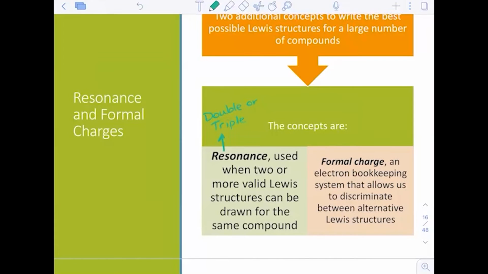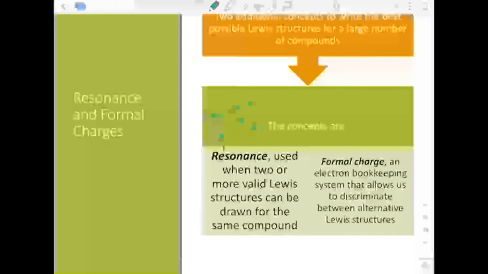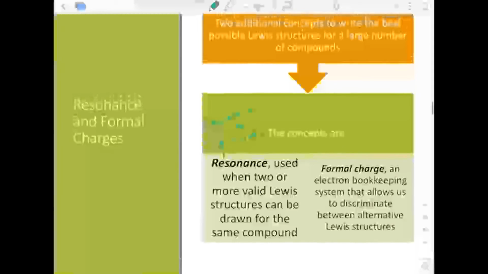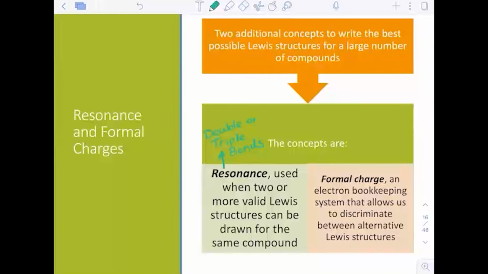Formal charge, which is what we'll talk about first, we'll be able to use for any structure that we want to determine if it's correct. It's a bookkeeping that allows us to look and say, did I do everything correctly? What we want to see with formal charge is that we've distributed the electrons evenly based off of the element.